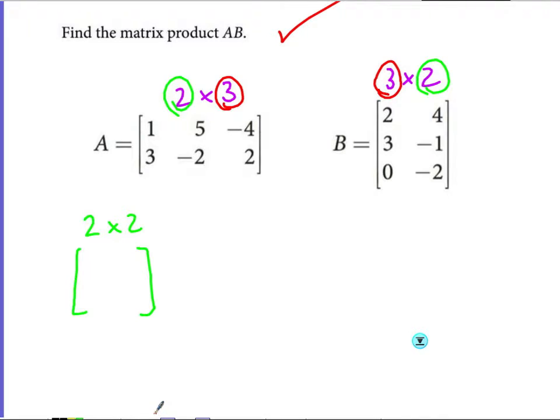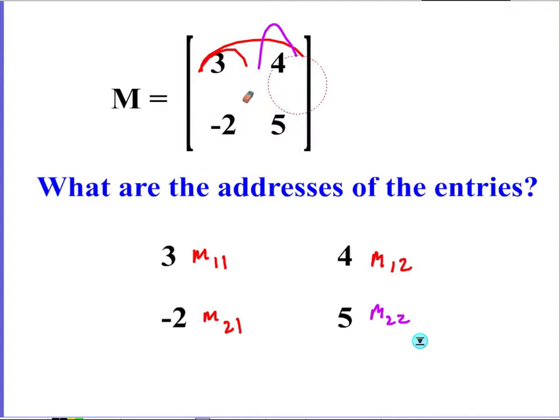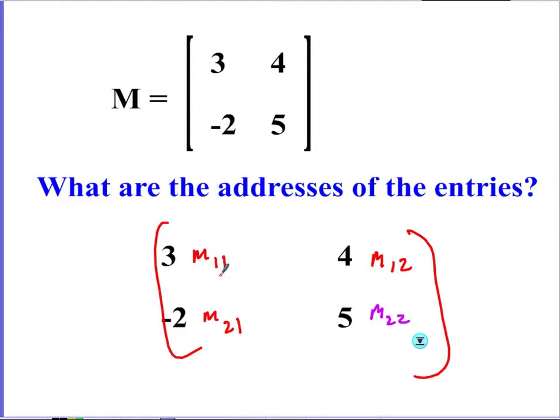Okay, what I'm going to do first is write the addresses that would go here. So remember, when we looked at this 2 by 2 matrix that we called M, we wrote the addresses. Basically the address of 3 is 1 1, the address of 4 is 1 2, the address of negative 2 is 2 1, and 2 2.